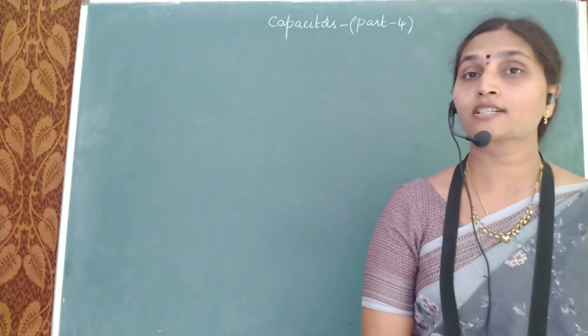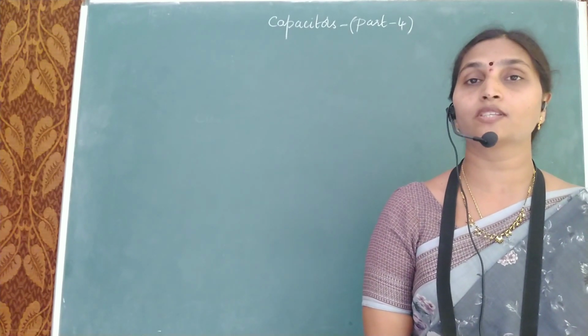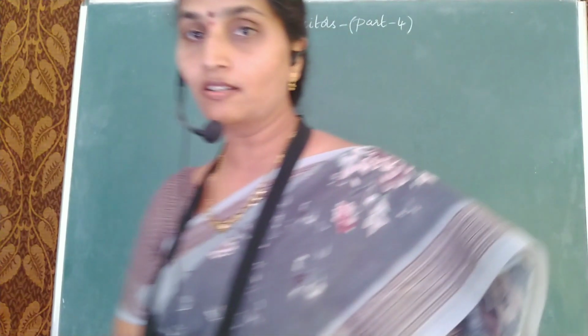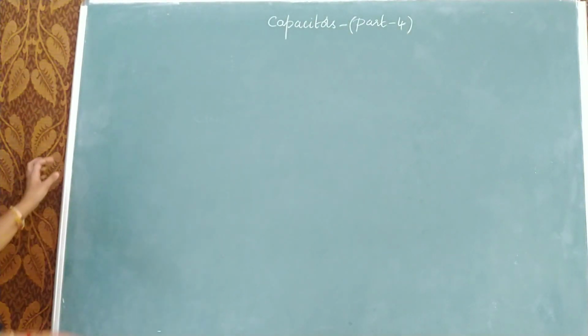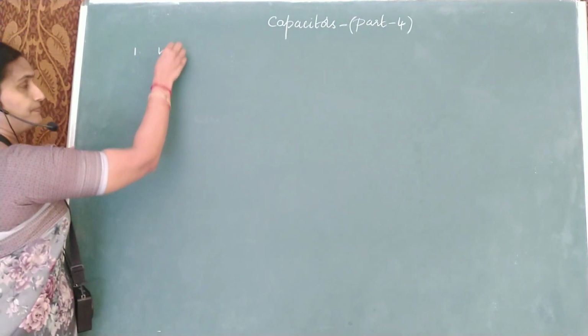The first thing we will discuss today is what a Wheatstone bridge is and how to apply it for finding the equivalent capacitance in capacitors. The first application is the Wheatstone bridge principle.